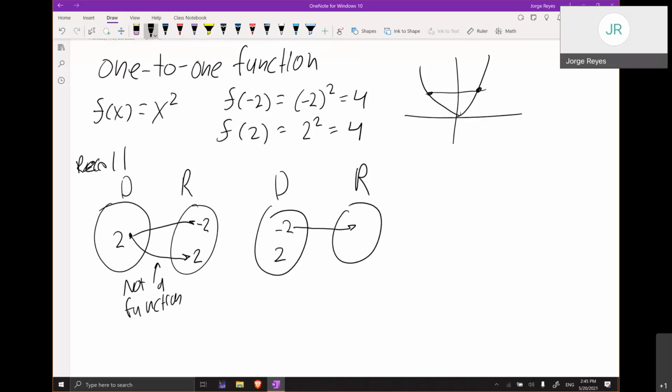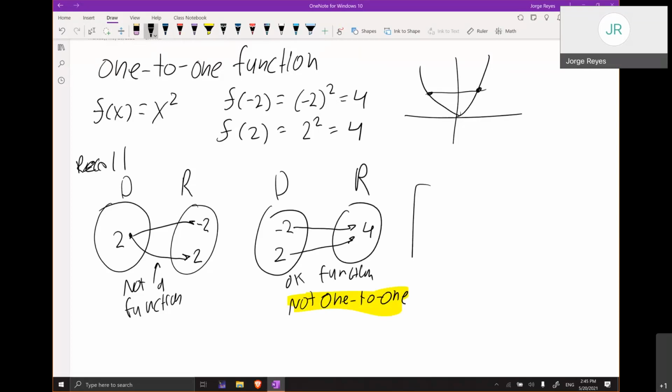Okay. So here, right, this is like x squared, sort of, right? So this is okay. This is a function. But it's not one-to-one. Okay, so being one-to-one is being like a special kind of function. All right.